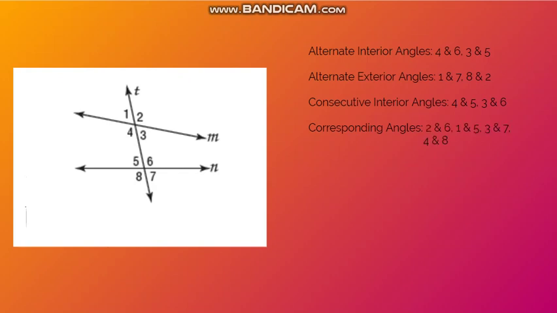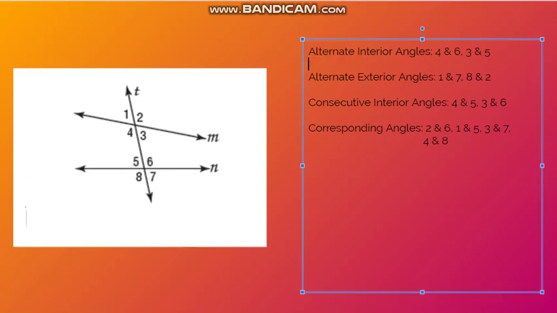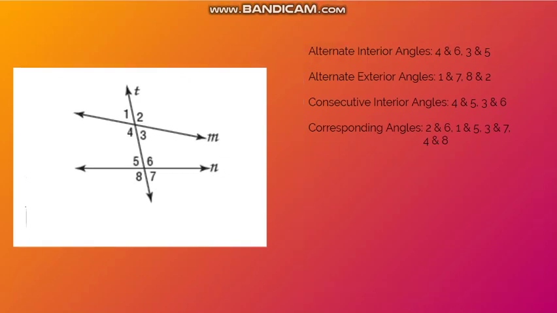So they're going to be 1 and 5, 2 and 6, 4 and 8, and 3 and 7 are our corresponding angles. Each of these describes a pair. You can't have an individual angle that is an alternate interior angle, and you can't have more than 2 that belong to the same relationship. These are relationships between pairs of angles.